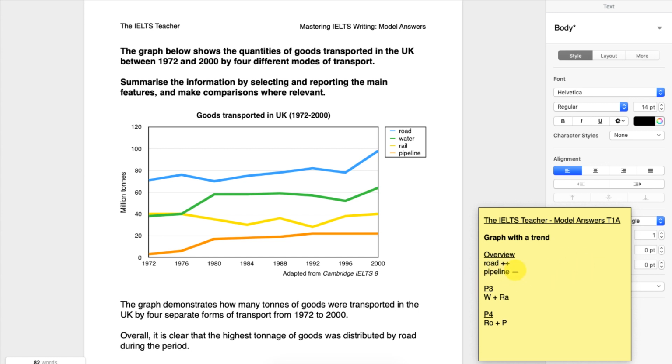But you might have to use both, and I think we will here. Because now we need to talk about pipeline, which also covers the whole period. Now, it is on the other end of the scale to road, so it's opposite. So consider a cohesive device that we could use here. I'm going to use conversely, and then another comma. So conversely, and we'll switch the order of the sentence around now. So we used road quite late in the sentence. We'll use the category first this time. So pipeline was the... Okay, so you could turn distribute into a noun and say distribution.